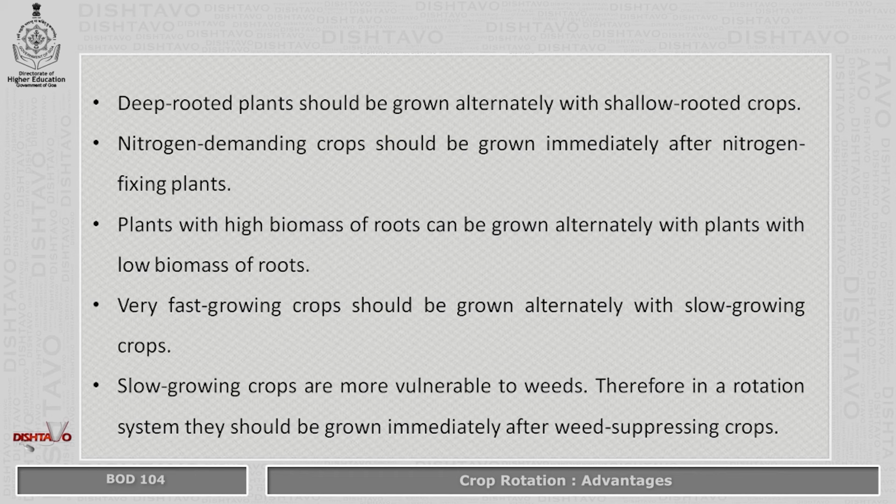Very fast-growing crops should be grown alternately with slow-growing crops, so that you compensate the time. Slow-growing crops are more vulnerable to weeds. Therefore, in a rotation system, they should be grown immediately after a weed suppressing crop, so that you check the weeds.